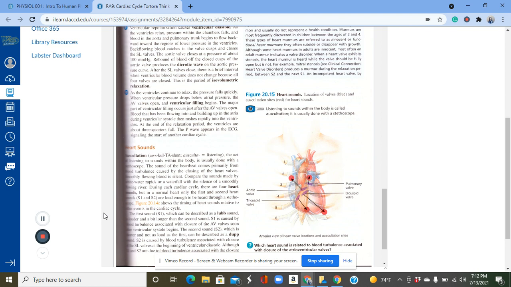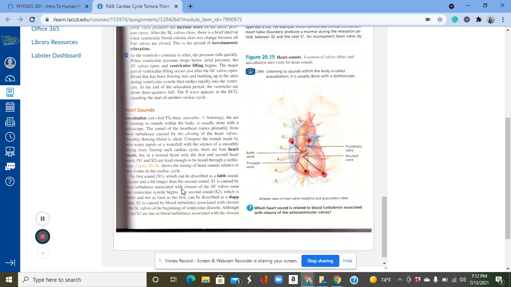So basically, the first heart sound, or S1, results from the closure of the mitral and the tricuspid valves. It's produced by the closure of the mitral valve and the tricuspid valve.